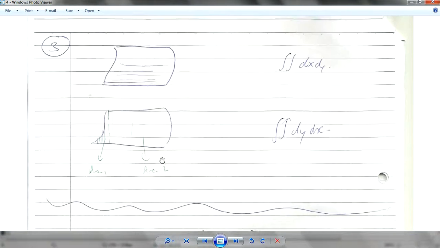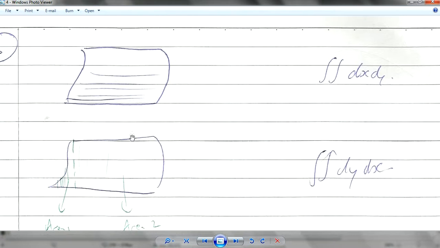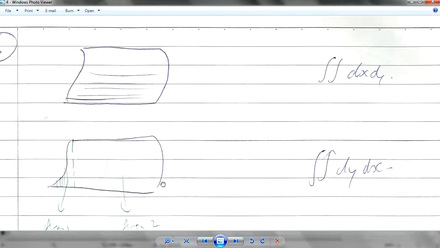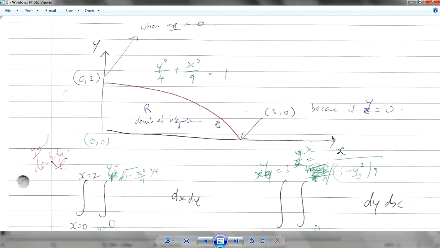And what are the limitations that I have learned? If you know these two limits, how do you know these two limits? Since we concentrated on the inner one, what about the outer one? Let's say you already found this shape, then for the outer one you just integrate from 2 to 0.